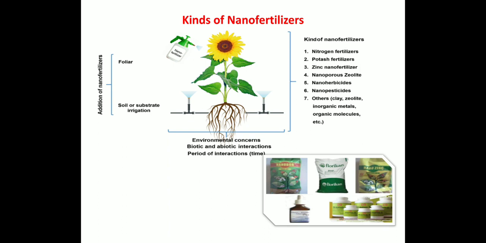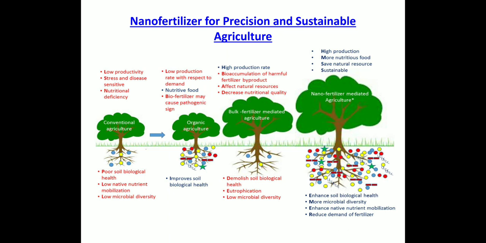Others are clay zeolite, inorganic metals, organic molecules seen in the photographs, then nano zinc, then nano boron, that is boron, which will be available in the market. Then nanofertilizer for precision and sustainable agriculture. Here we can see the different benefits of nanofertilizer, especially for the precision and sustainable agriculture.